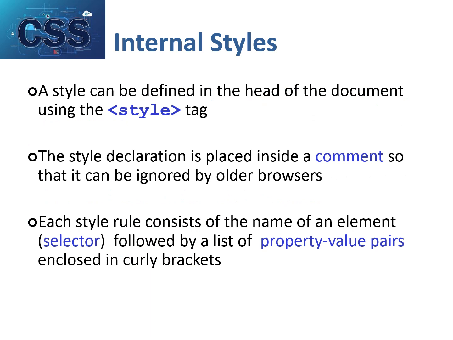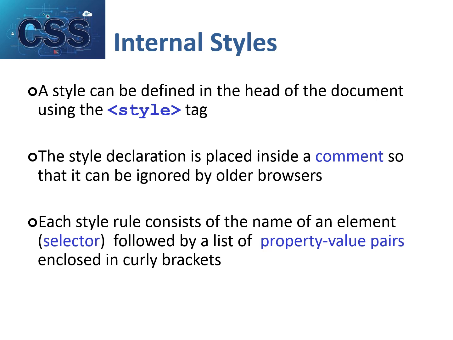A style can be defined in the head of the document using the style tag. The style declaration is placed inside a comment so that it can be ignored by older browsers. So in the head tag, we can include another tag called the style tag. For older browsers, these styles are not accepted, so we have to comment the style content.